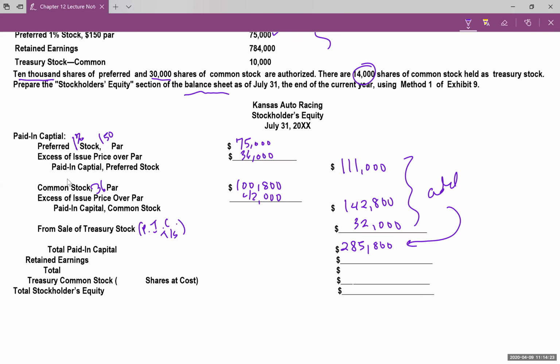Retained earnings is given up above. So this is where they were at, 784,000. Then if we add those two numbers together, we come up with 1,069,800. Then you have to subtract when they went and bought back those 14,000 shares.